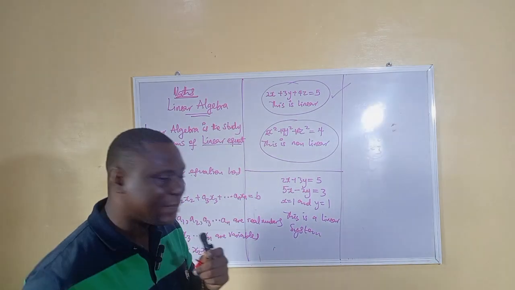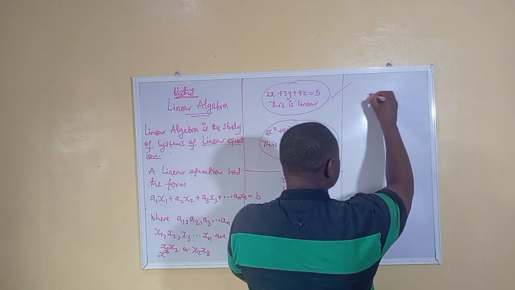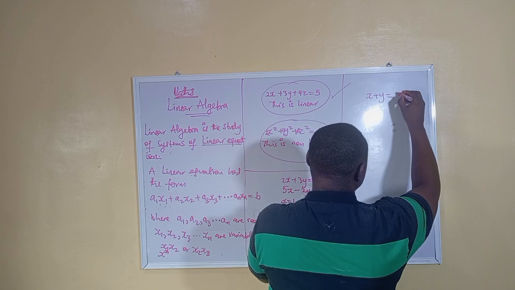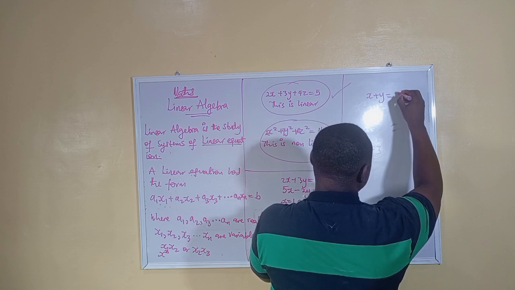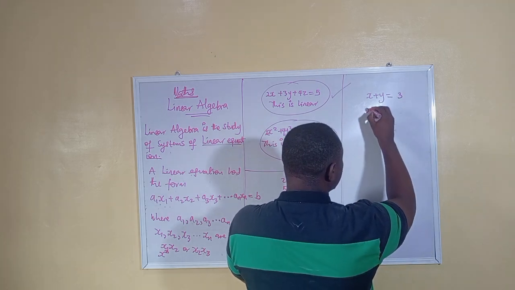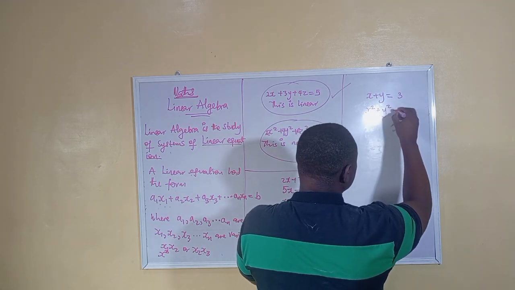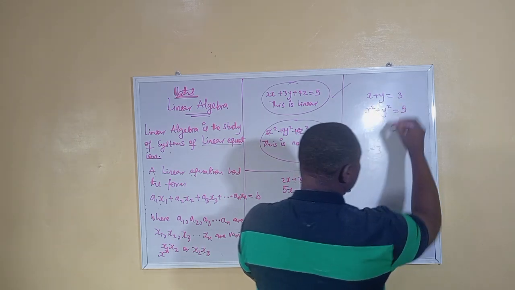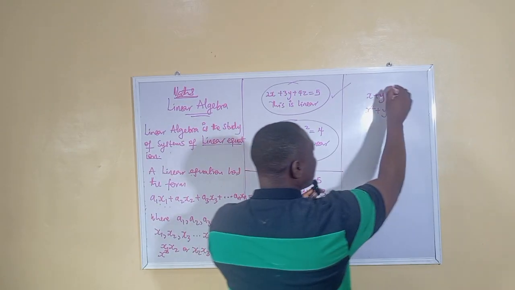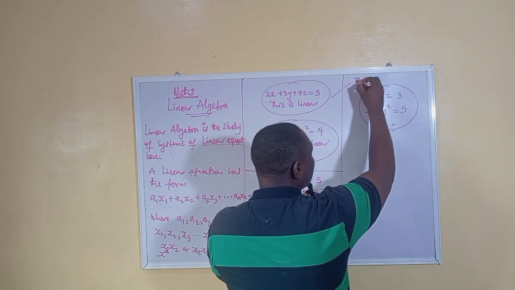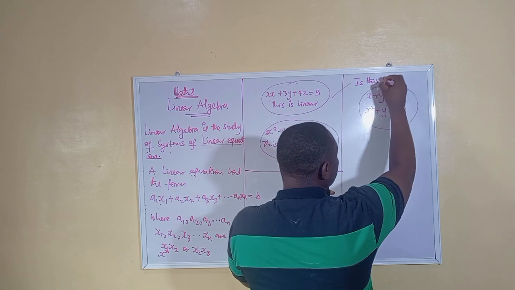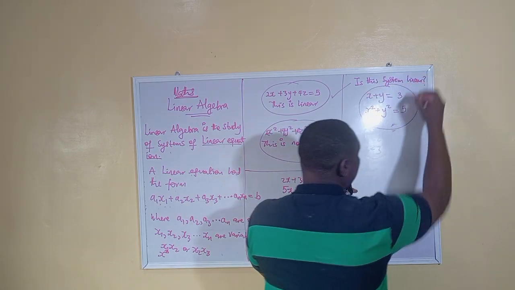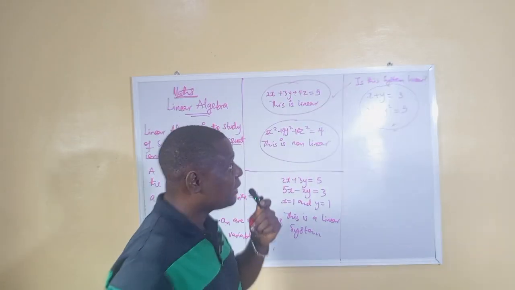Now let's see. If you now have x plus y equals 3 here, and x squared plus y squared equals 1 squared plus 2 squared, which is 5. Can we say this system is linear? This system of equations here, is it linear?